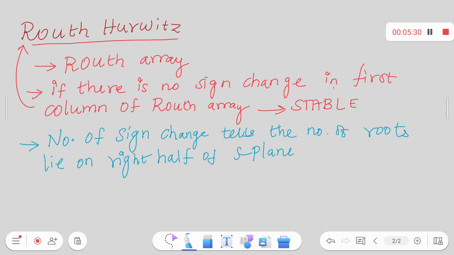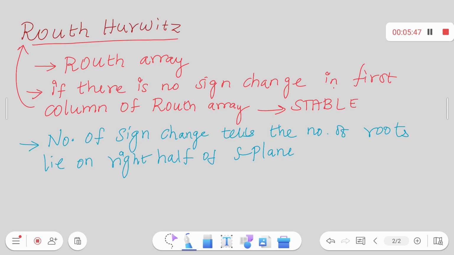So this is one more point which is added to this criteria. If there are two sign changes, then we can say two roots lie on the right half of the S-plane. If there are three sign changes, then three roots lie on the right half of the S-plane.